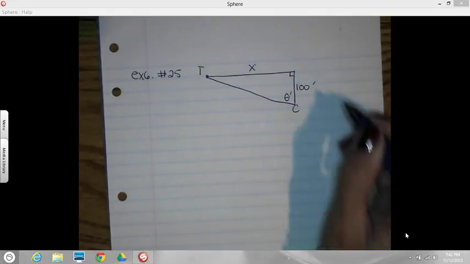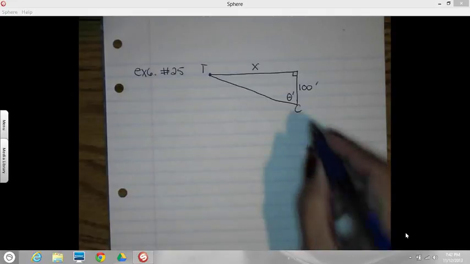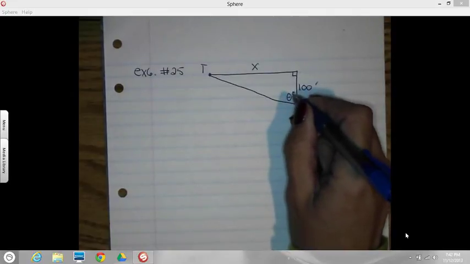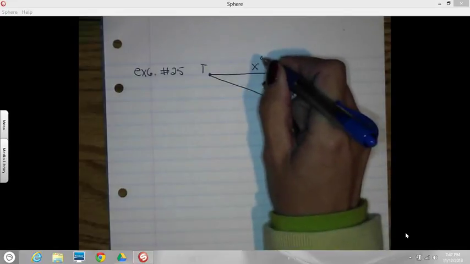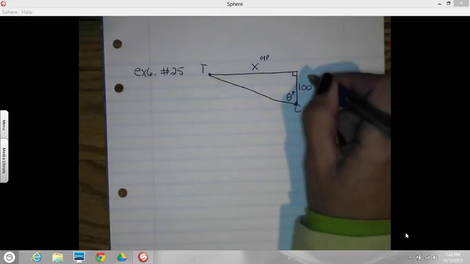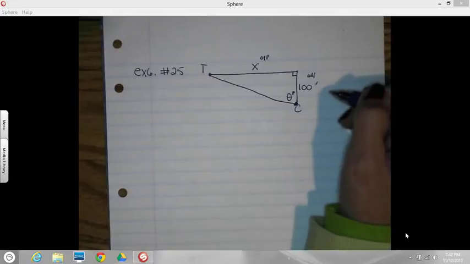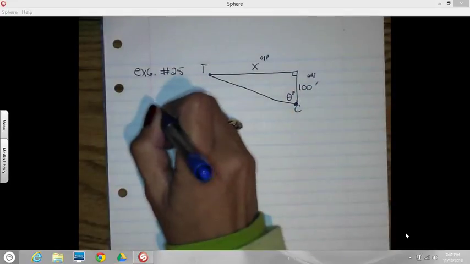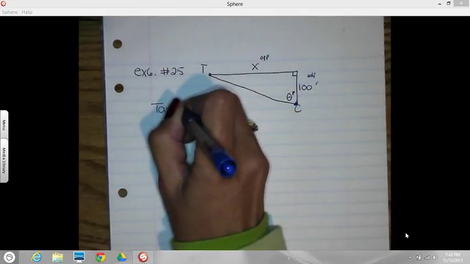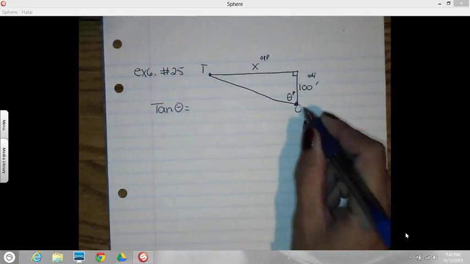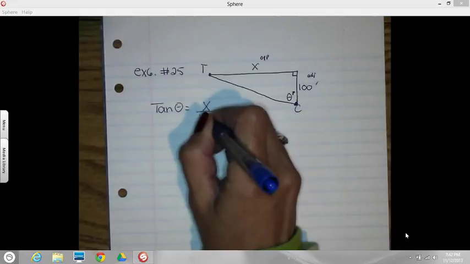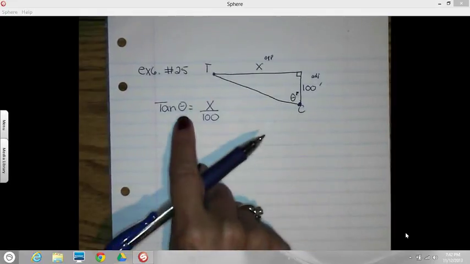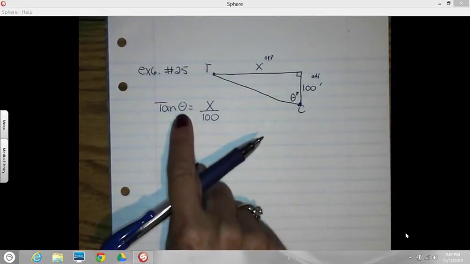So they want us to write an equation involving, not theta prime, theta. Well, if we're standing on theta, I've got opposite and adjacent. That's a tangent problem. So the tangent of theta will equal opposite over adjacent, x over 100. To solve this for theta, because their equation said solve it for theta, I need to get rid of the tangent.